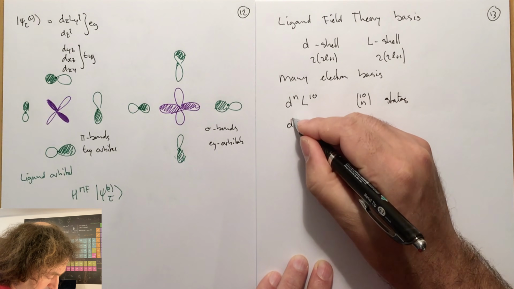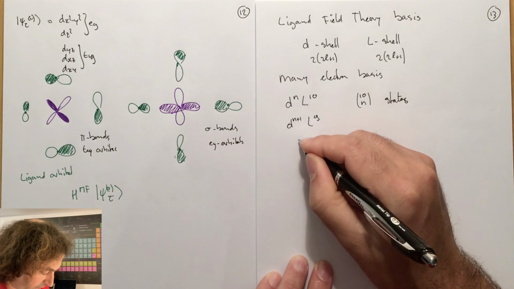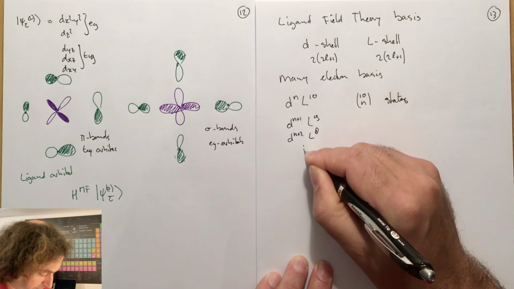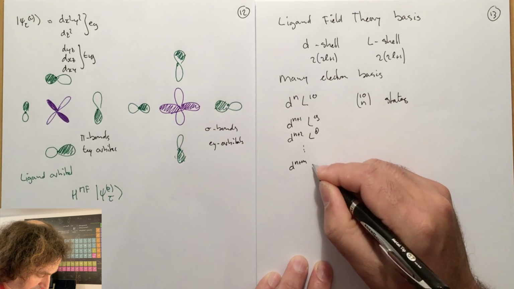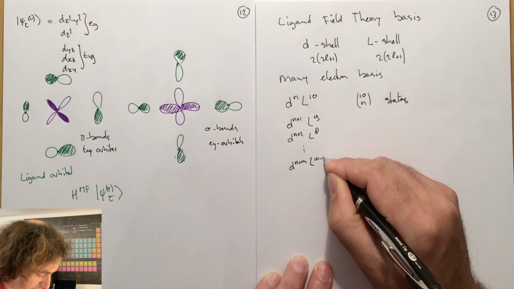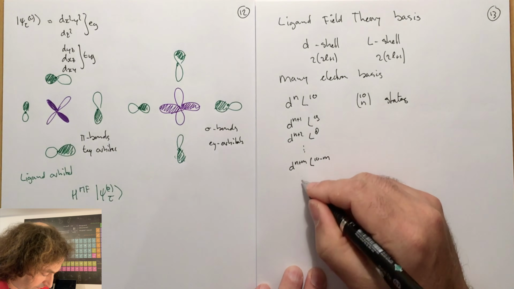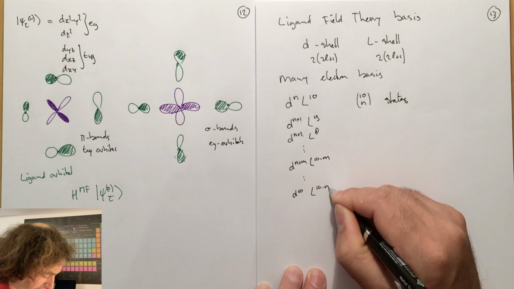But now we include the other configurations where you can hop with 1 electron, or you can hop with 2 electrons, or you can hop with m electrons. And this stops at d^10 L^(10-n).